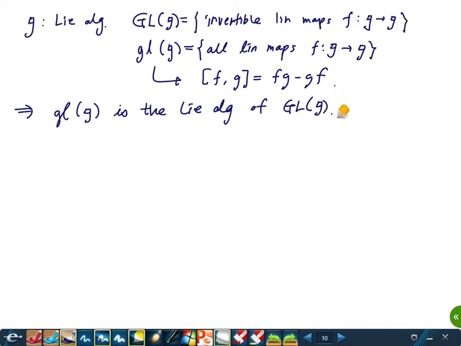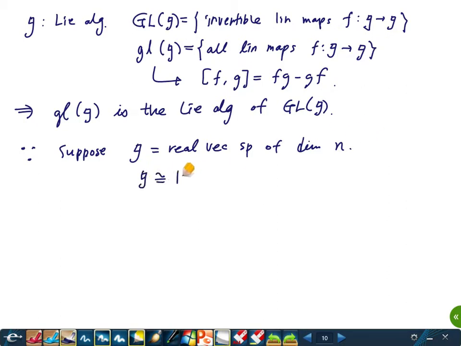But this is in fact not new. We already have seen this because, let's say, suppose 𝔤 is a real Lie algebra. It's a real vector space of dimension n, let's say. Then this means, in other words, R^n, something like that, vector space isomorphism.